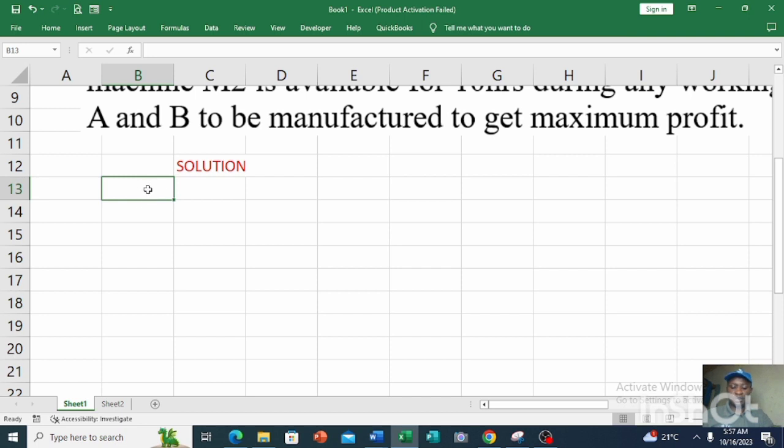So the first thing for us is to identify the activity variables. So what will be our activity variables here?